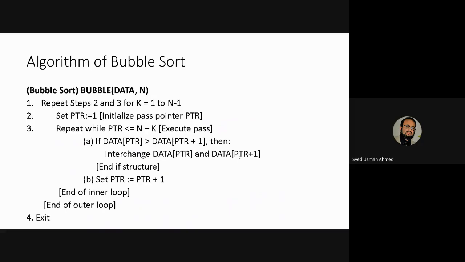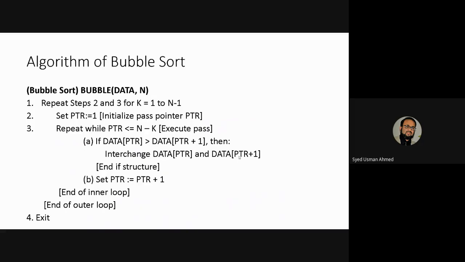The bubble sort algorithm starts with: repeat steps 2 and 3 with a flag index k from 1 to n minus 1. We will see what this k stands for. Second, we set the pass pointer PTR to 1. We will see in the coming slides why we initialize this PTR to 1. And then we iterate an inner while loop with the help of this pointer.